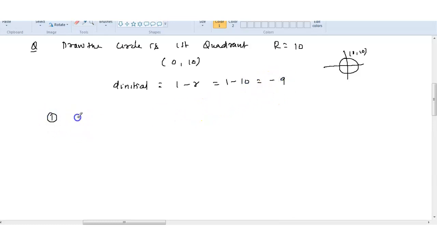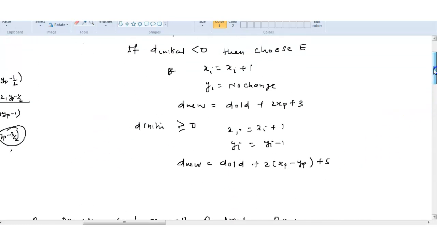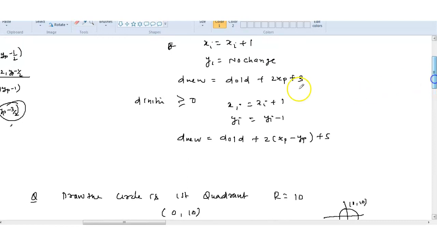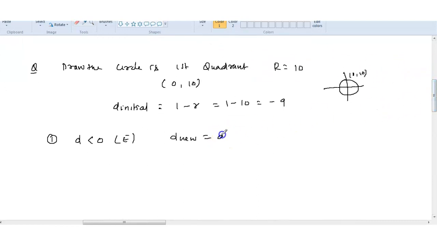So we got d less than 0, then we have to choose the east condition. We have to choose east. So d new will be here d old plus 2xp plus 3. So d old is minus 9 plus 2 into xp.